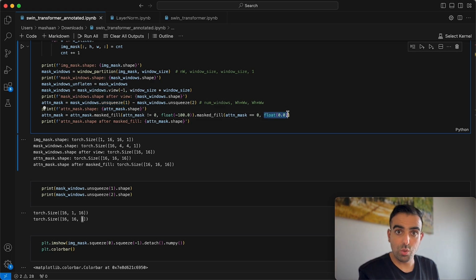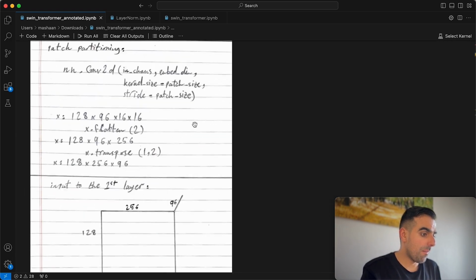If we have a different rank, we won't have 0. It will be some number other than 0, and in the mask we will have -100. So the mask will have 0 if the rank of the windows agree, and -100 if the rank of the windows do not agree. So what's the point of this mask?